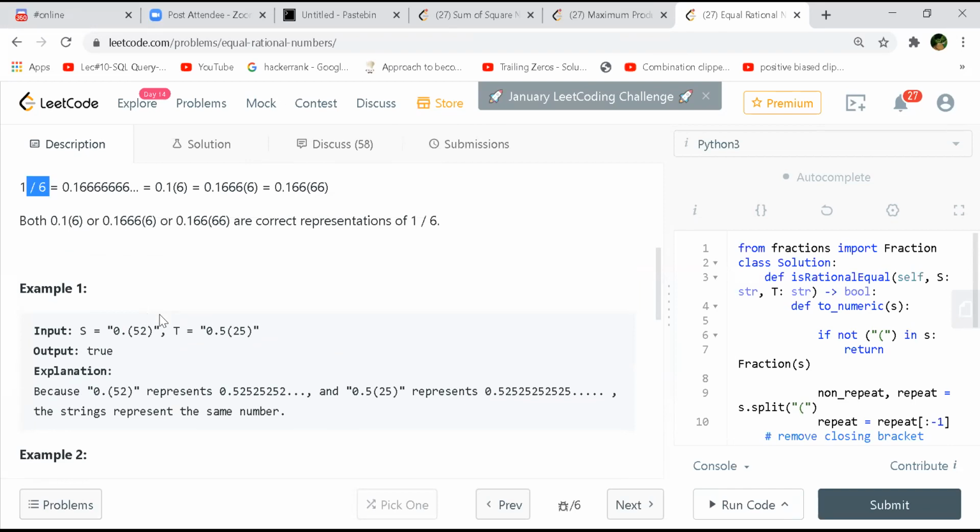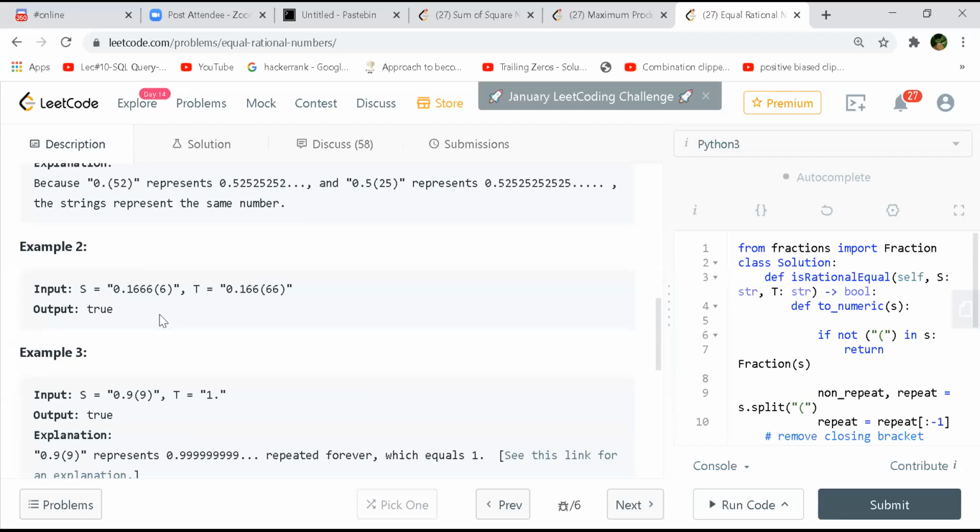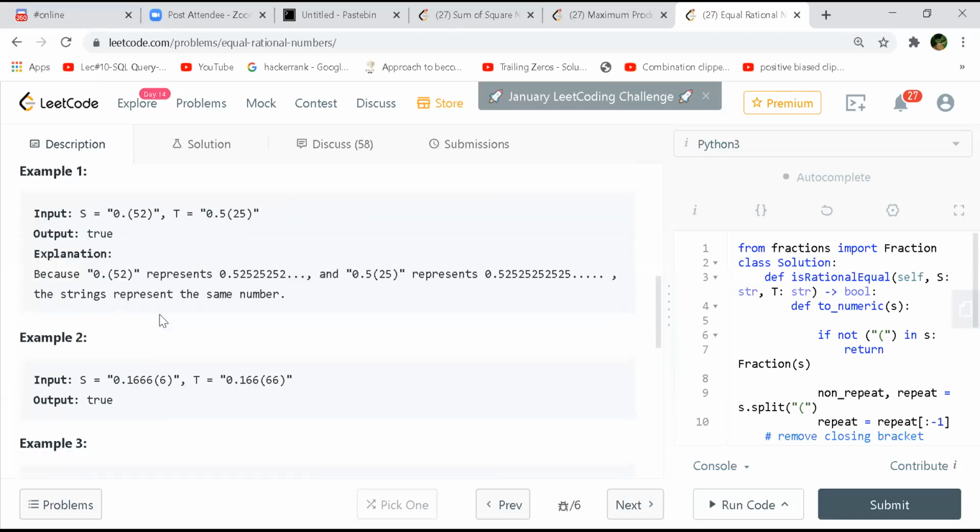Oh, okay. So in the case of example one, you see the bracket and 52. If you look at the string t, 0 is the integer part, then 0.5, which is a non-repeating one.